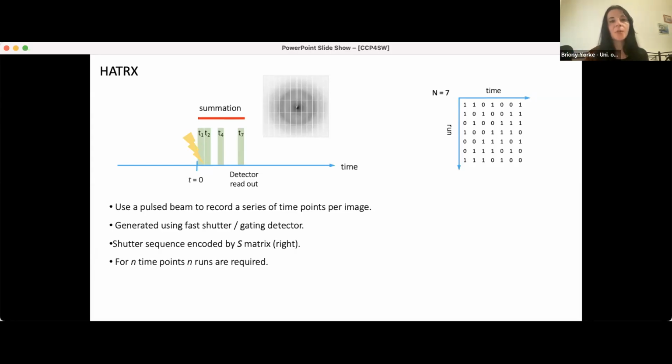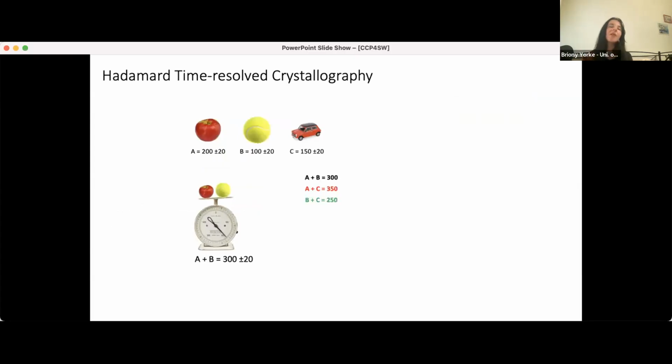There are different ways that we can produce these pulse sequences, but they're always encoded by something called an S matrix, and this S matrix is determined by a Hadamard matrix. This is why we call it Hadamard time resolved crystallography. In this matrix, you'll see 1s and 0s. For each run of the experiment, we record a different number of time points. 1 represents recording something and 0 represents we don't record that time point.